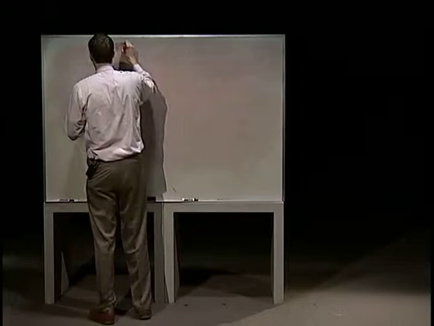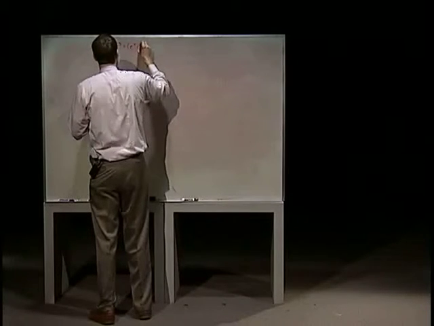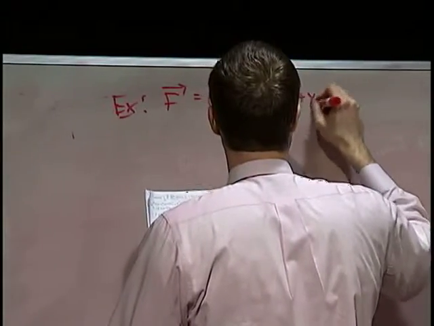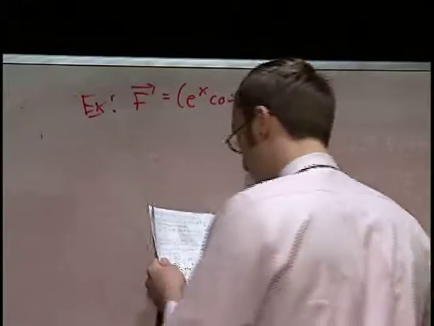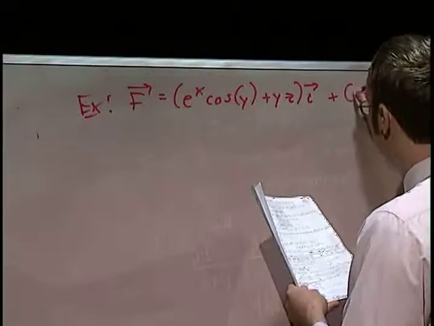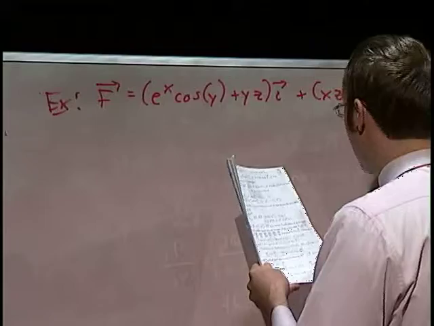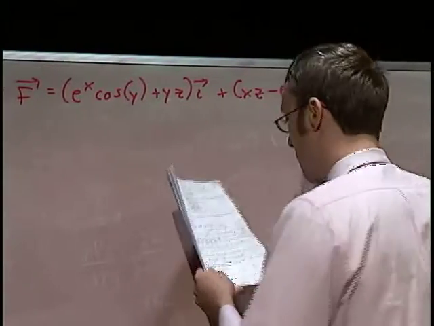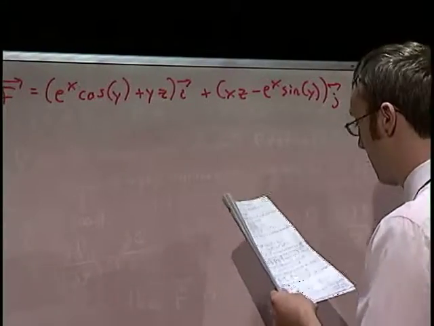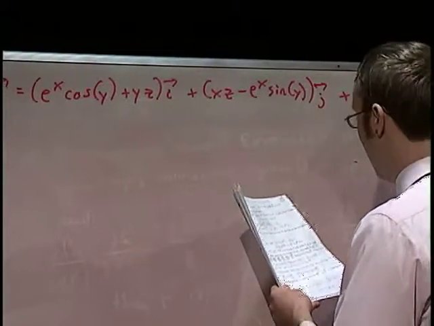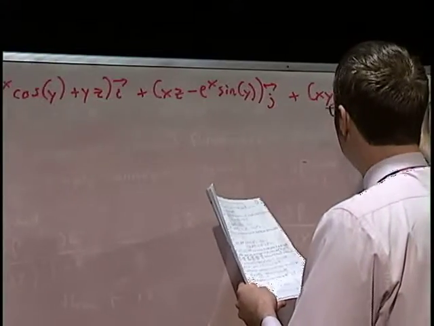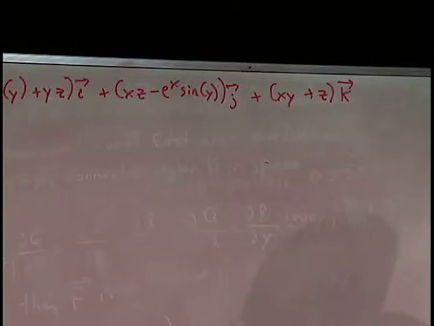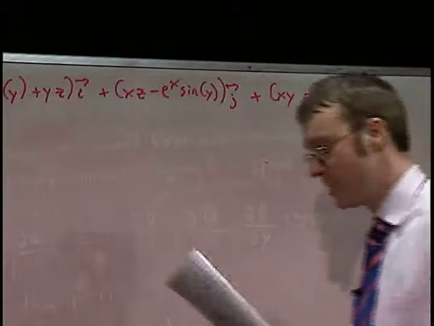So the field will be e to the x cosine y plus yz, i, and xz minus e to the x sine y, j, and xy plus z, k. That's our field.